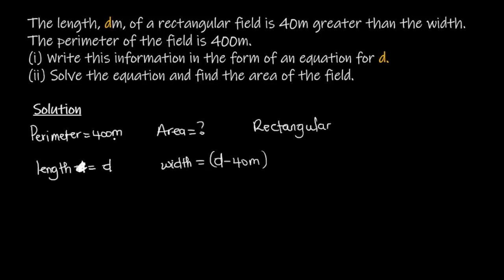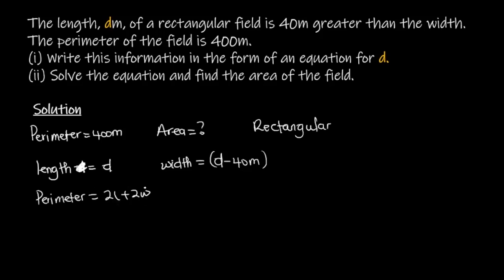We already have the perimeter, and then we don't know what the length and the width is. So until we find that, we can't solve for the area. Now, what is the perimeter of a rectangle? The perimeter of a rectangle is 2L plus 2W, where the L stands for the length, the W stands for the width.